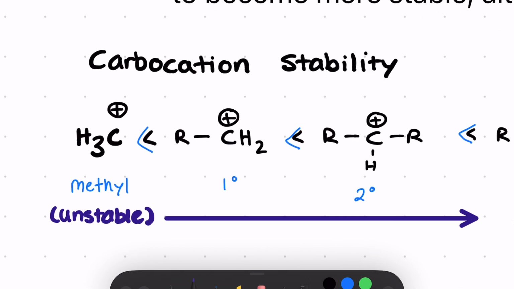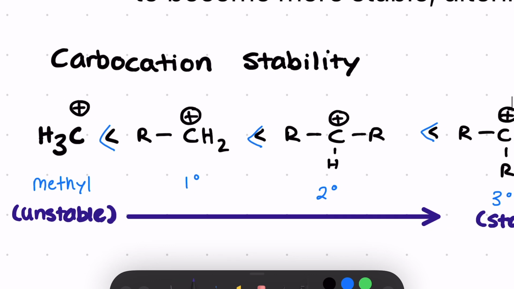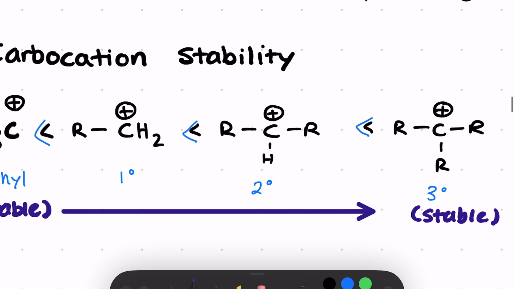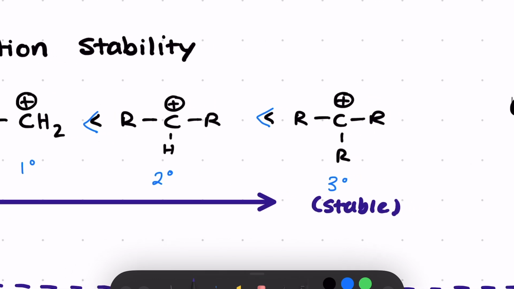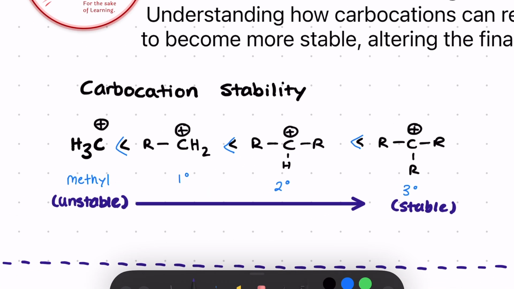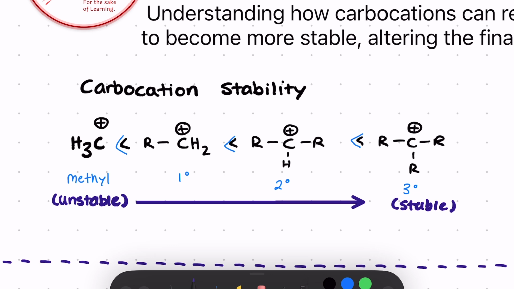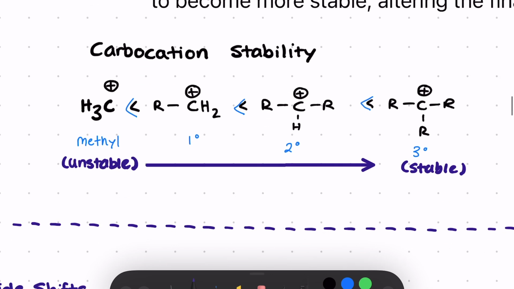So if I look at this methyl carbocation, it's just CH3+, I don't have any R groups. But if I add one R group and I make it a primary carbocation, now it's a little bit more stable. I do the same thing and I make it a secondary carbocation, it's then a little bit more stable, and I add a third R group, now it's even more stable. So the presence of R groups, alkyl groups, makes carbocations more stable.